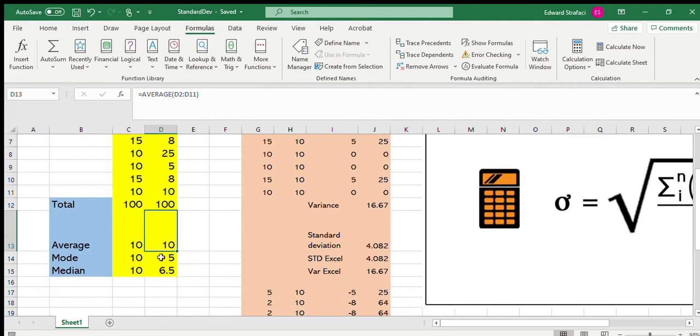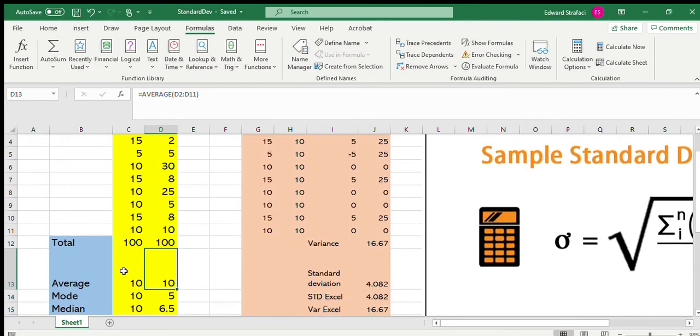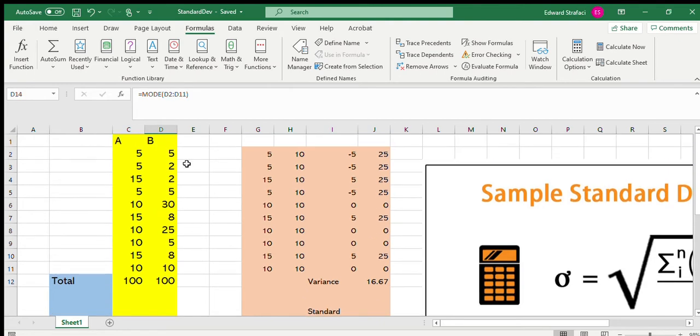And then the other statistical tools, what we call location, help us to understand this average, and that would be the mode and the median. The mode is the number that occurs most frequently in the data set, and just by eyeballing it, you can see it's the number 10. But if you take a look at the other player, I just asked for the mode, which again you could find under statistics, and just eyeballing it again, 5 is the most frequent number.